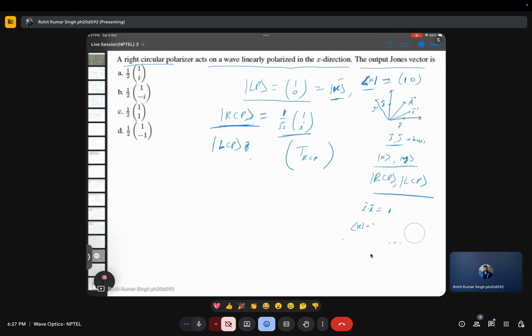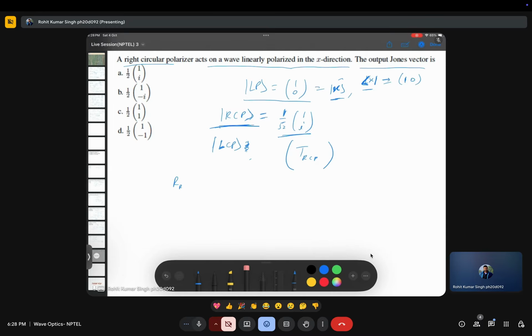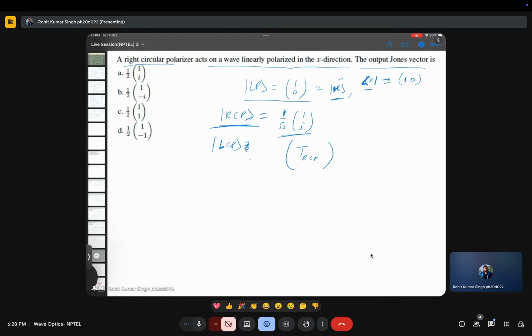Let me do what I wanted to do, otherwise you will be confused. There is something called the projection operator, and this projection operator is defined for any vector. For example, for x, the projection operator is this quantity.